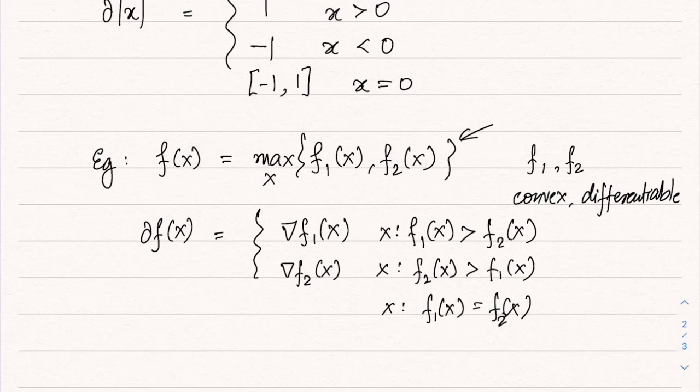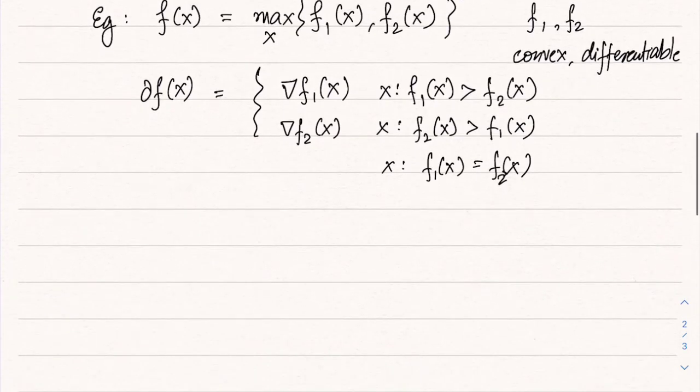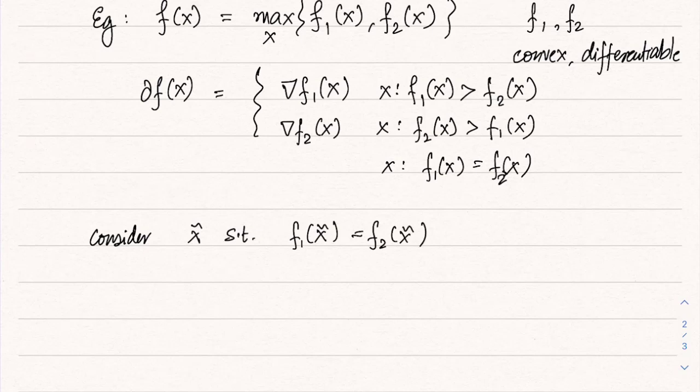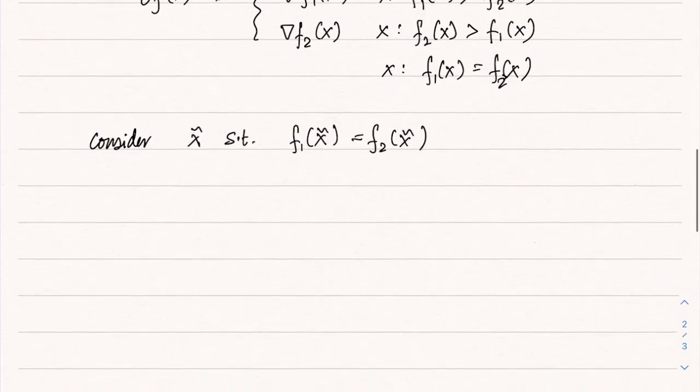So at that point, let us find out the subdifferential. For that purpose, let us consider x tilde such that f1 of x tilde is equal to f2 of x tilde. Then let us write down the first order conditions.